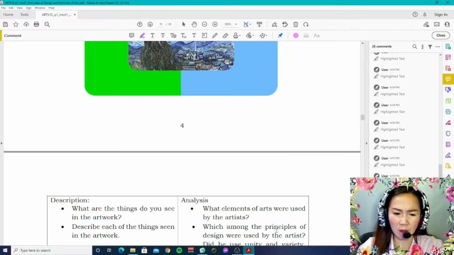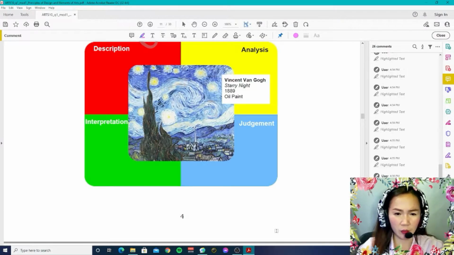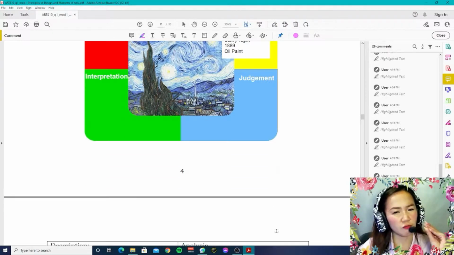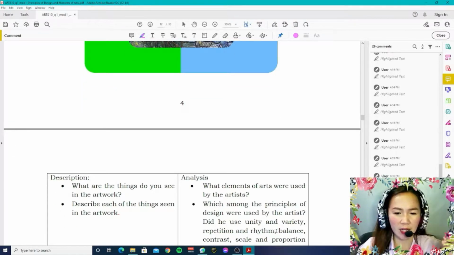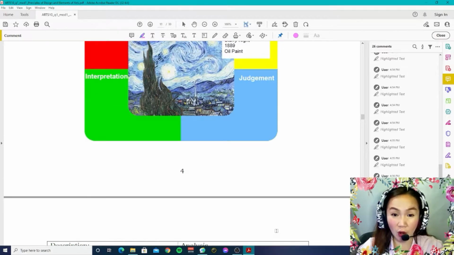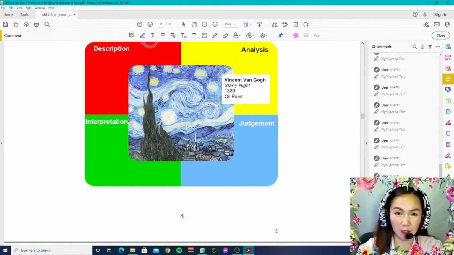And describe each of the things seen in the artwork. Kumusta yung langit? Ito ba ay clear blue sky? Or meron siyang mga swirls, right? It depicts what? Anong tingin niyo? Okay, so how about analysis? What elements of arts were used by the artist? What elements of arts? Tandaan niyo pa ba ang elements of arts?